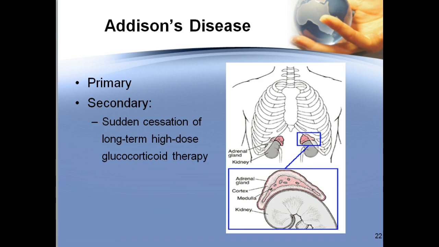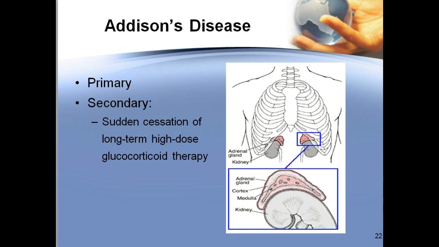The reason this process, when you have a decrease, is called Addison's, and then you're going to have either Addison's disease, which is primary, or you're going to have what they call secondary, which is sudden cessation of long-term high-dose glucocorticoid therapy.